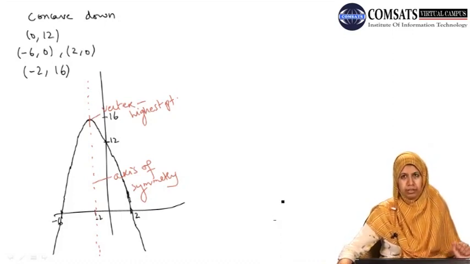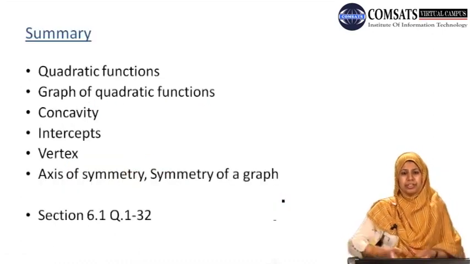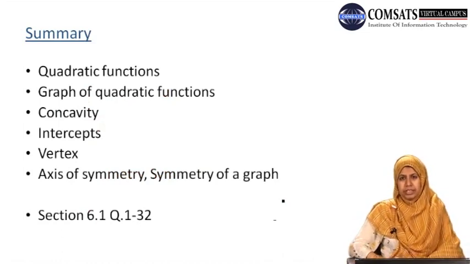So up to here we end our today's lecture, and we summarize what we have done in our last lecture and today's lecture. First, we have seen why we need quadratic functions, what quadratic functions are, and we have seen by different examples how we can identify whether the given function is quadratic or not. Then we were interested in the graph of quadratic functions.